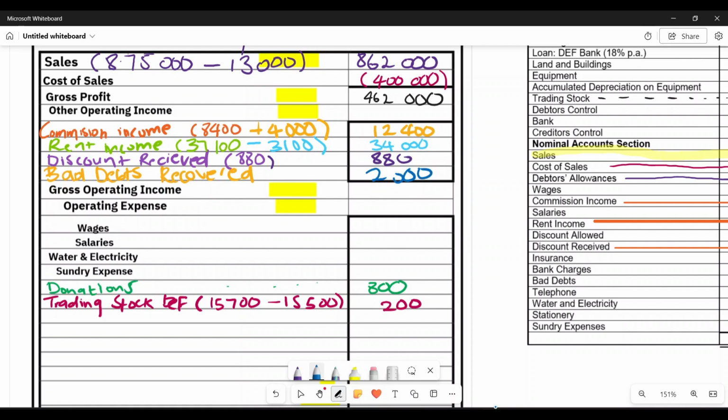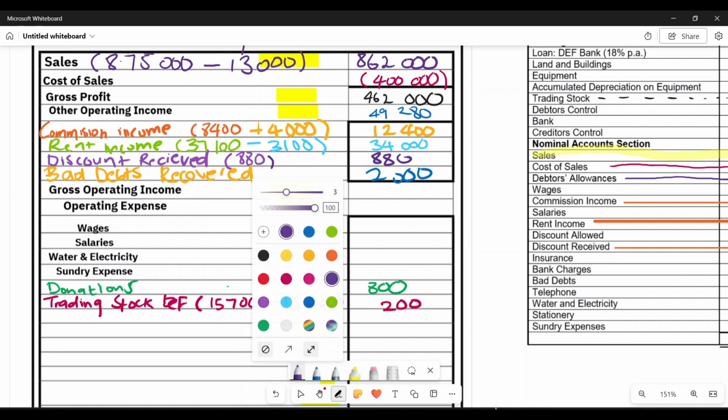Right. And when I add my commission income of 12,400, my rent income of 13,400, my discount received of 880, as well as my bad debts recovered of 2,000, my operating income total should be equals to 49,280. My gross operating income, it will be how much in this case?